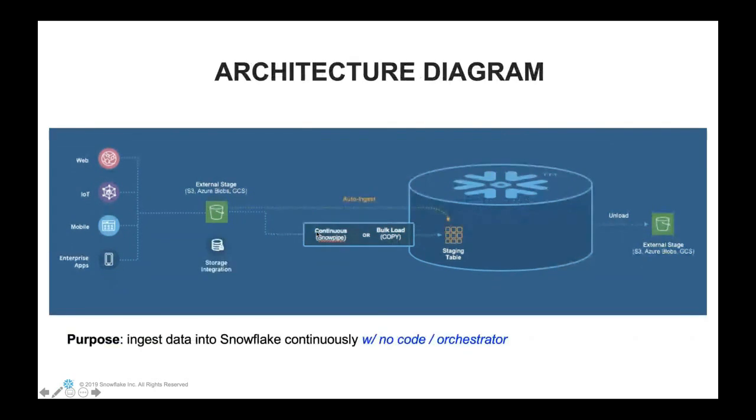However, with Snowpipe Auto Ingest, we are automating that experience. Previously, you had to maintain code and use an orchestrator to execute those jobs, but Snowpipe removes the need to have to do any coding or have an orchestrator. It will automatically load data as it arrives into the blob storage.